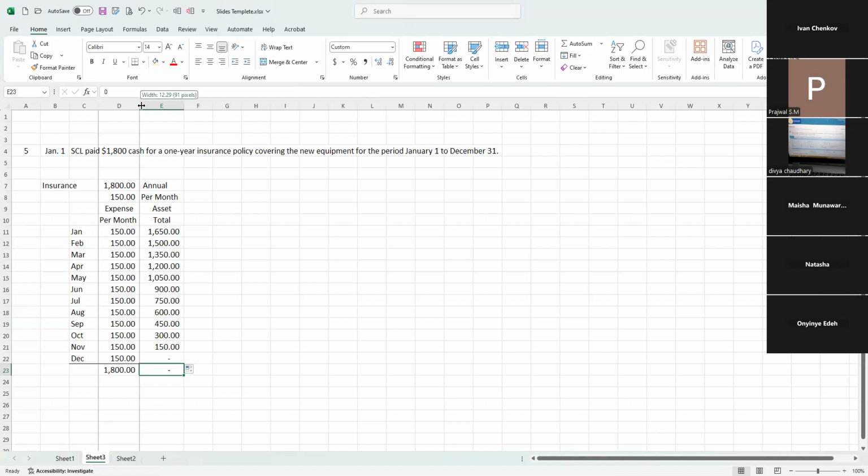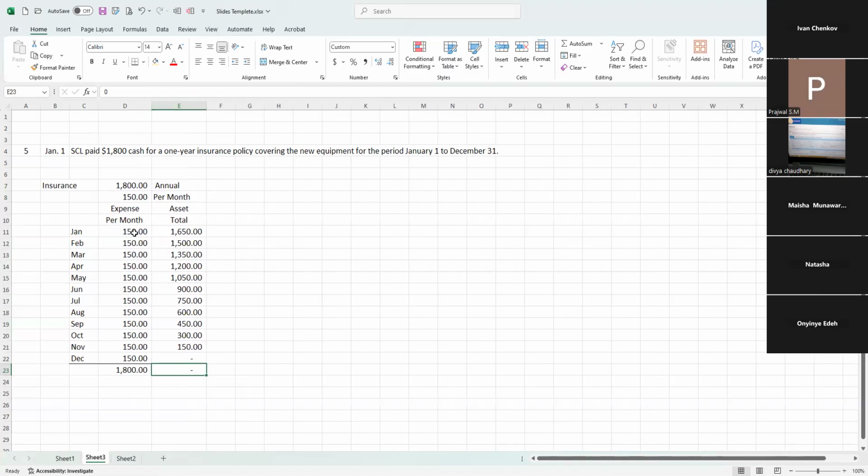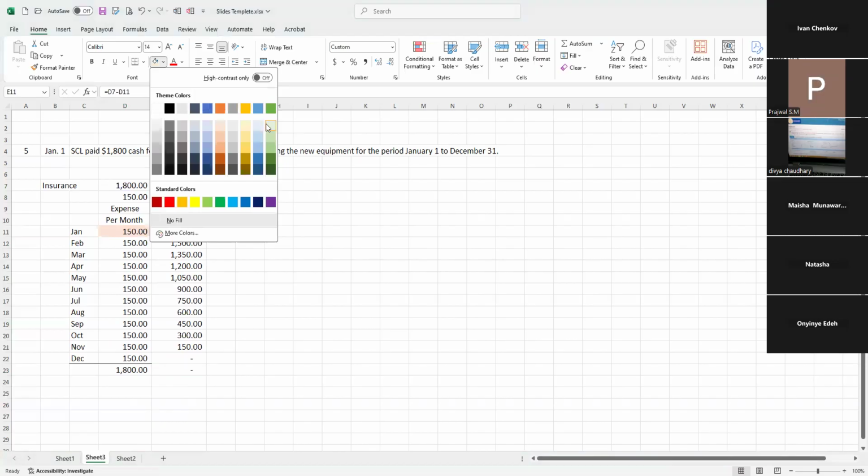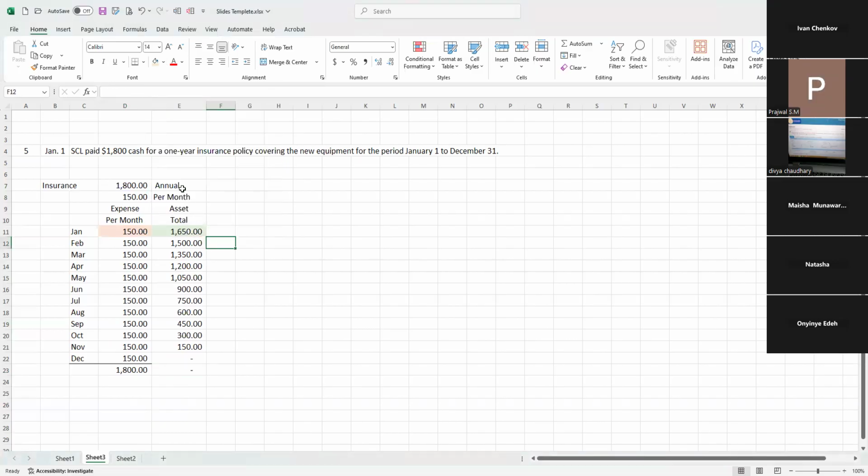So for the month of January, this will be my expense, and this should be my balance for the prepaid insurance. Correct? Yes. Okay.